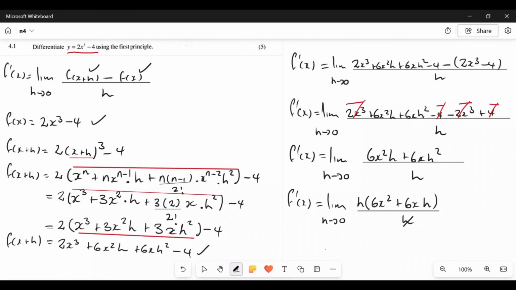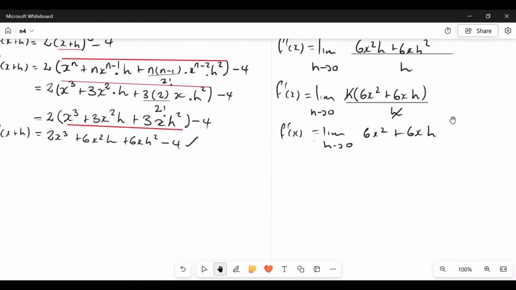Now, this h on the denominator and that h on the numerator will divide each other. So what you're left with is f prime of x, the limit as h approaches 0, of 6x squared plus 6xh. Let me just create a little bit of space so that we can answer this.